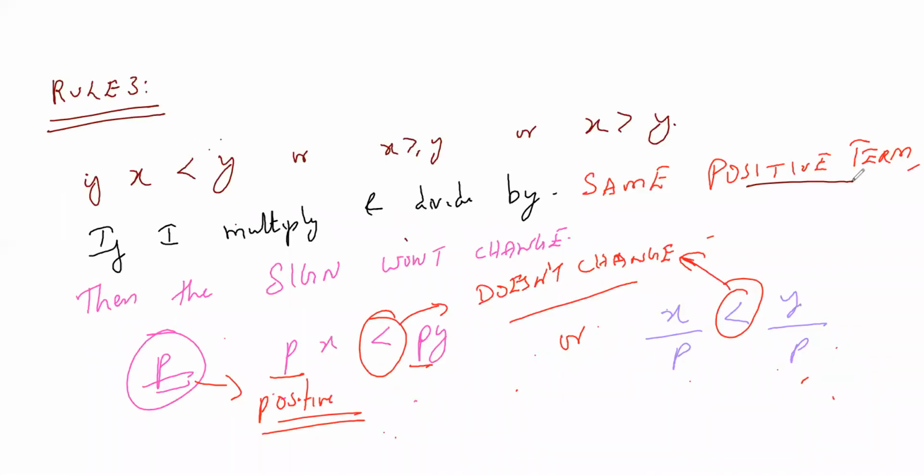Rule number 4. Same thing. Instead of positive, I'll write negative. That's all. Naman, you have to copy. Okay, fine.